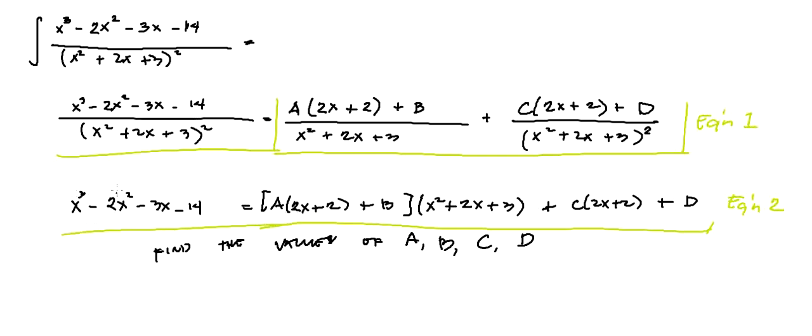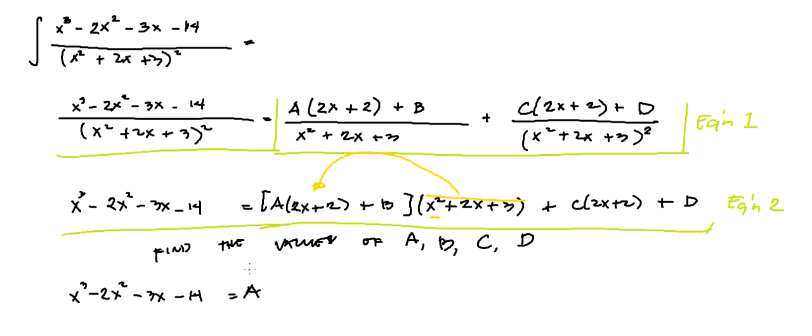So first, let's expand this formula. So we have x cubed minus 2x squared minus 3x minus 14. So by expanding, we have A, let's multiply this part to our first part.